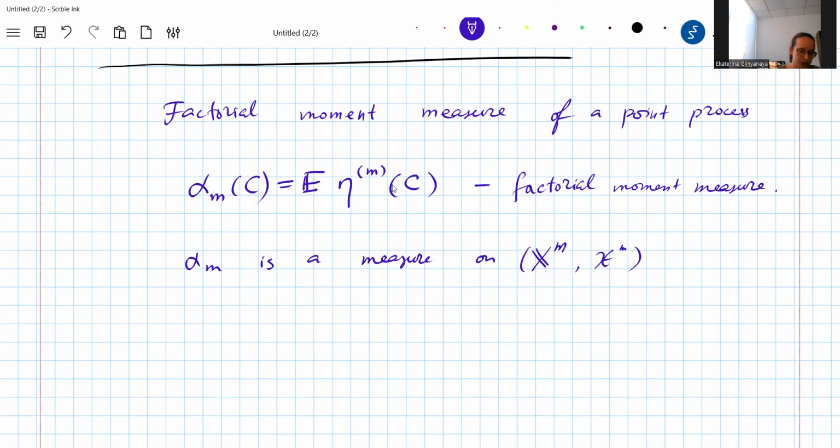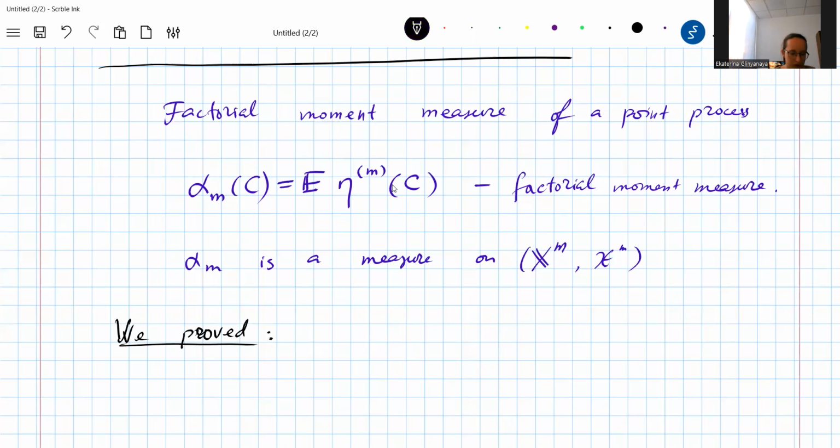So what we did previous time, we proved the following formula. I just want to recall it.